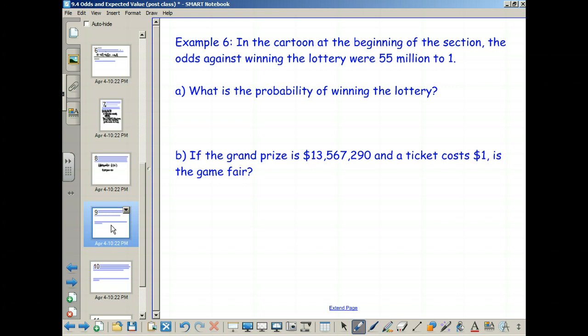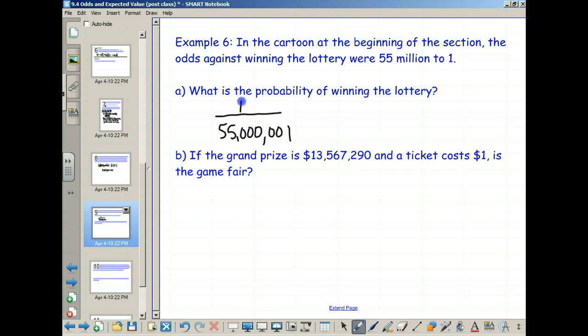So we've got a 1 out of something chance, and that number is 55 million and 1. Because remember, when you talk about odds, you're talking about the number of people who win versus the number of people who lose. 55 million lose, 1 wins, which means there's a total of 55 million and 1 people. That's an exact representation: 55 million and 1 people play, 1 person wins.